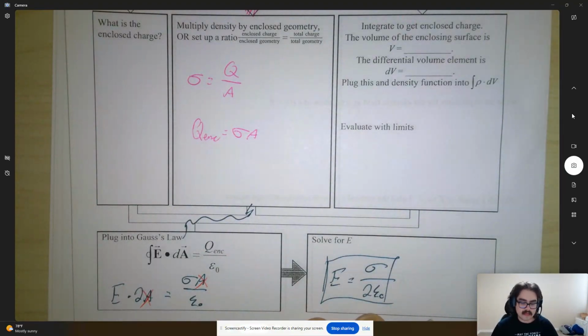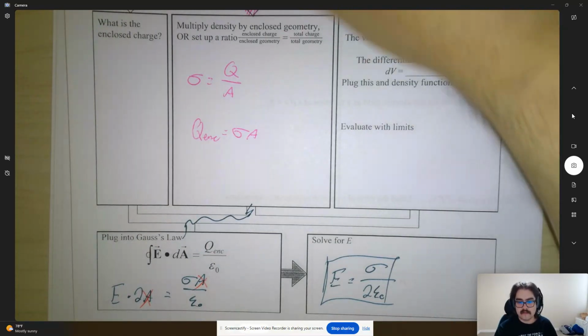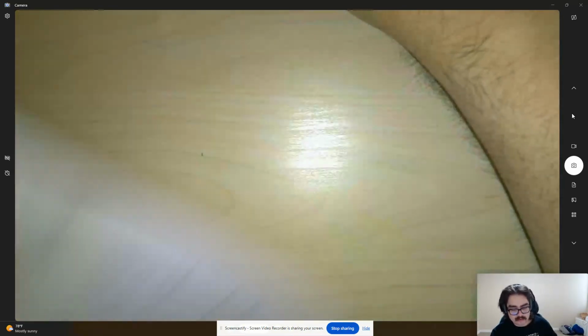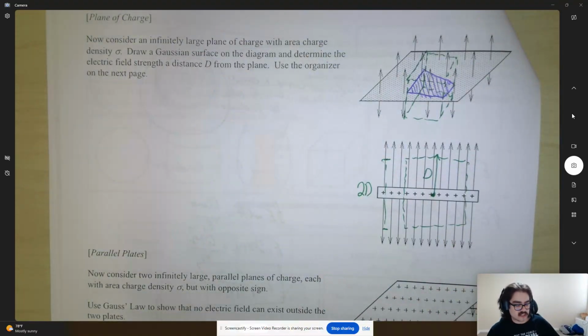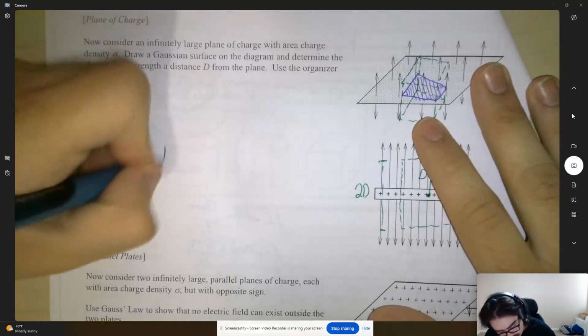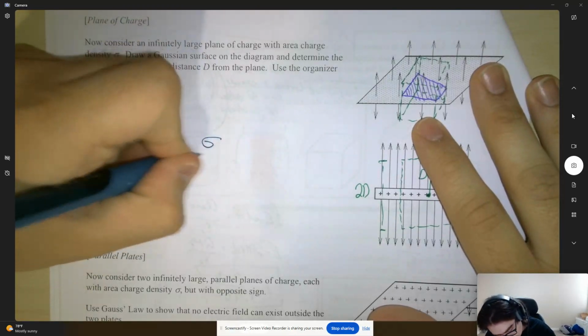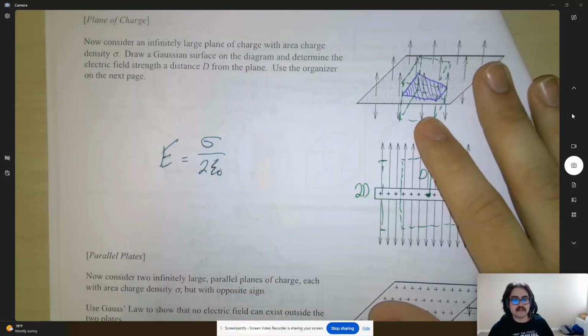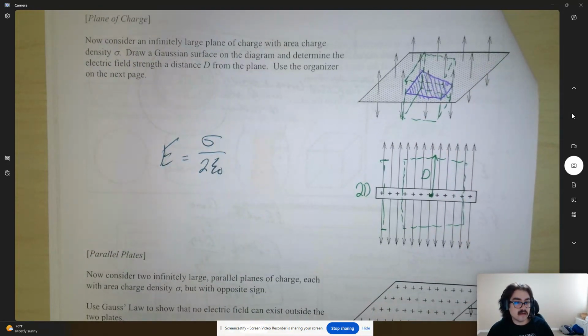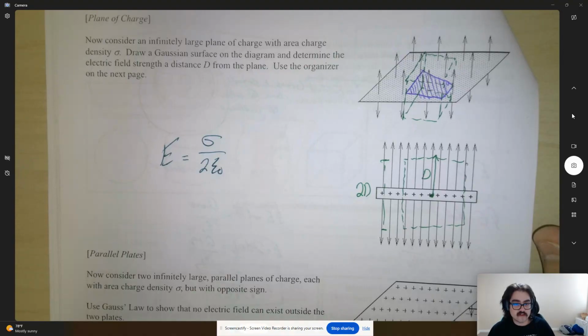That's a pretty simple E field equation. The derivation probably looked a lot more complicated than it actually is, and it's really not that bad. So E equals sigma over 2 epsilon naught. That's what I ended up getting for the electric field strength at a distance from the plane.